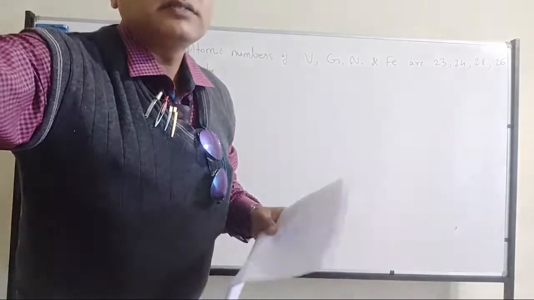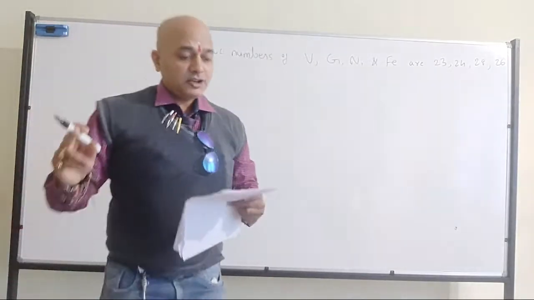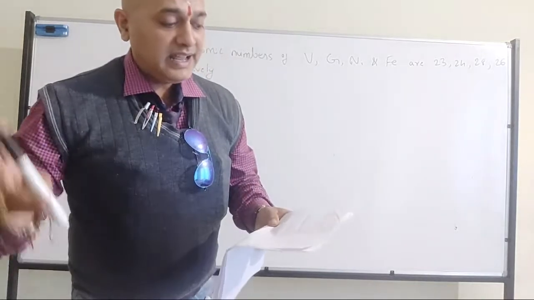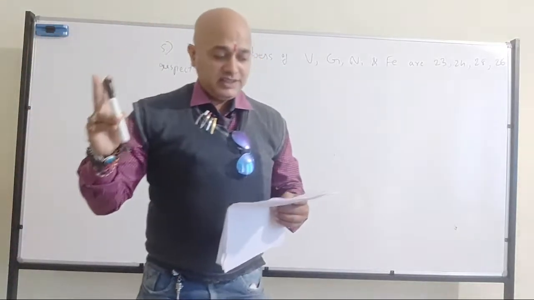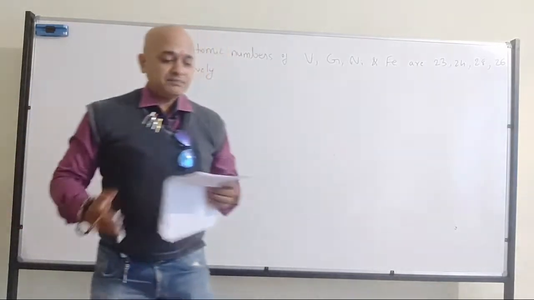So that's the information. Atomic numbers of vanadium, chromium, nickel and iron are 23, 24, 28 and 26 respectively.